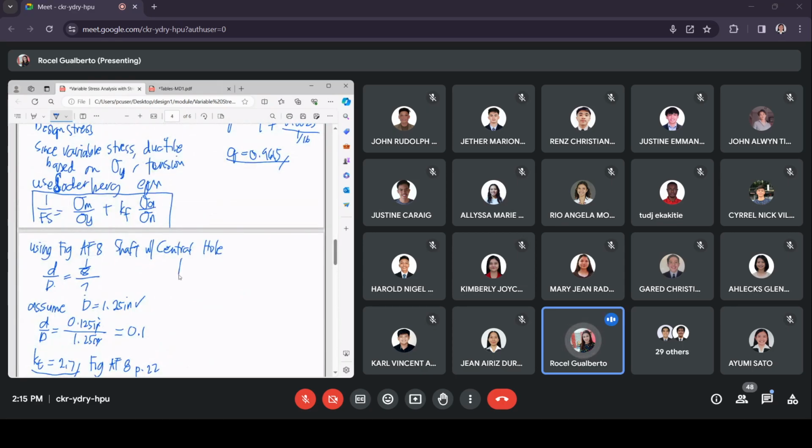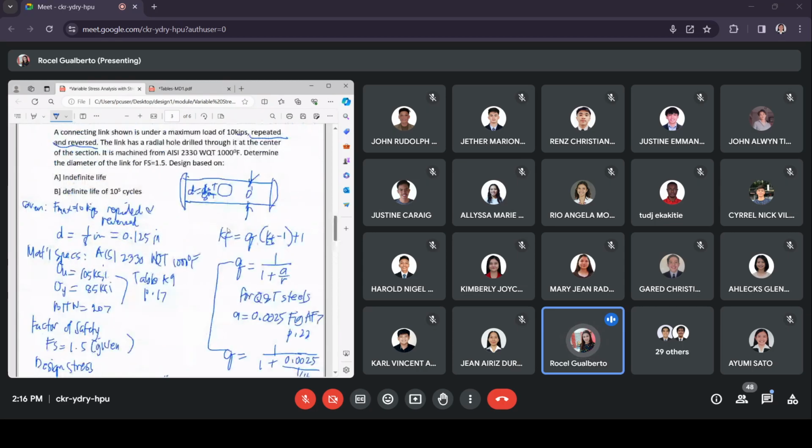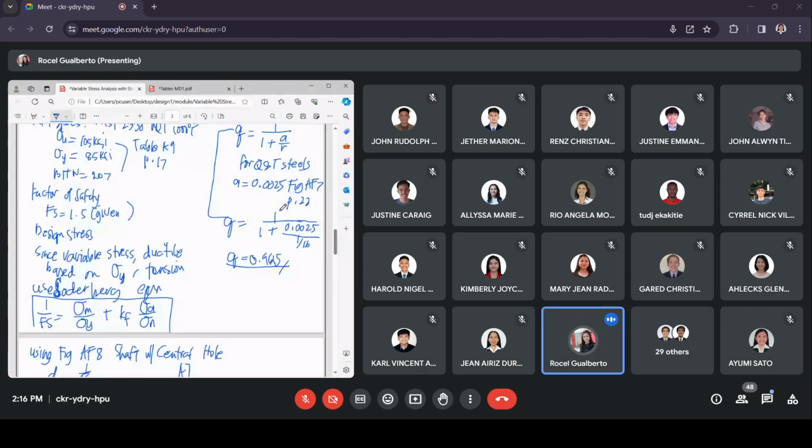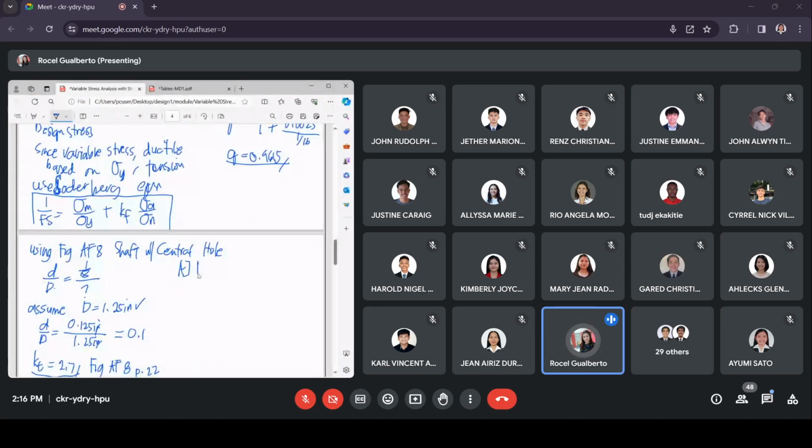For letter A, sigma n is dependent on the life of the material. For letter A, you are asked to design for indefinite life basis. So, for letter A, we use indefinite life. For indefinite life, kindly look for the equation for your sigma n.